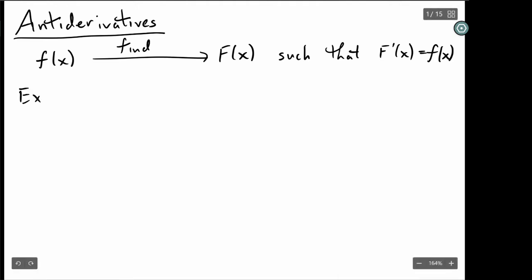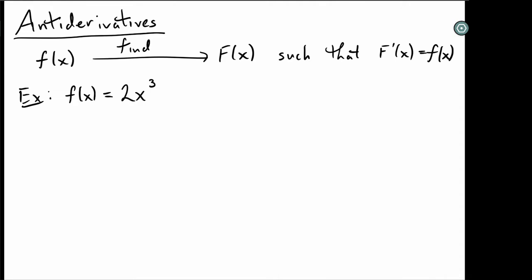So if we just pick an example here, let's say f of x, let's do something a bit simple. Let's do 2x cubed. So let's say I have this function here, and I want to find an antiderivative of it.